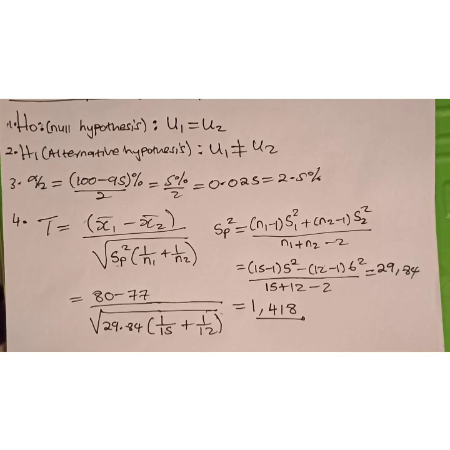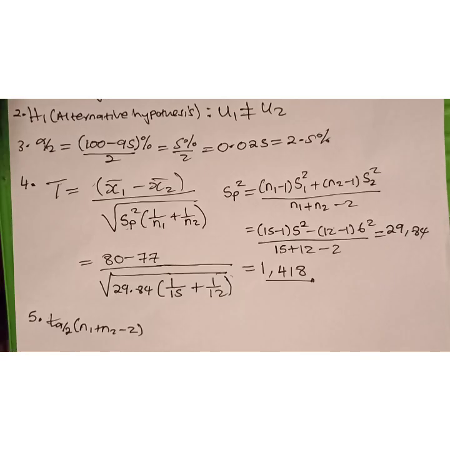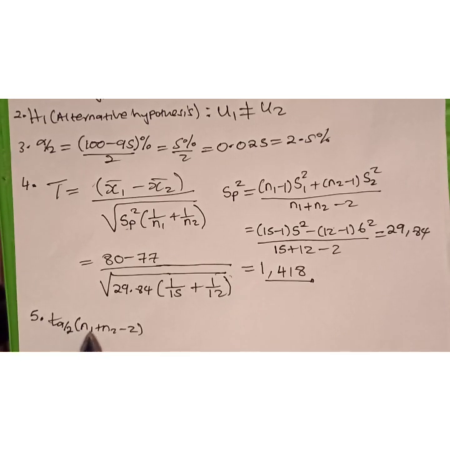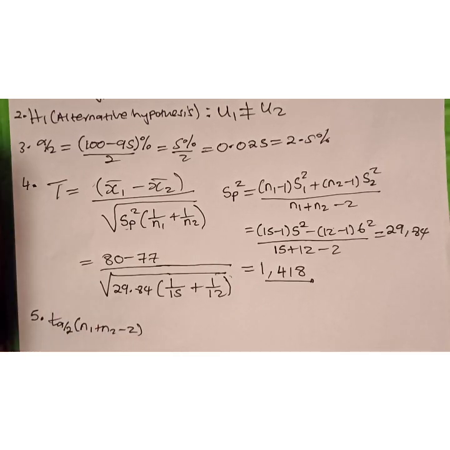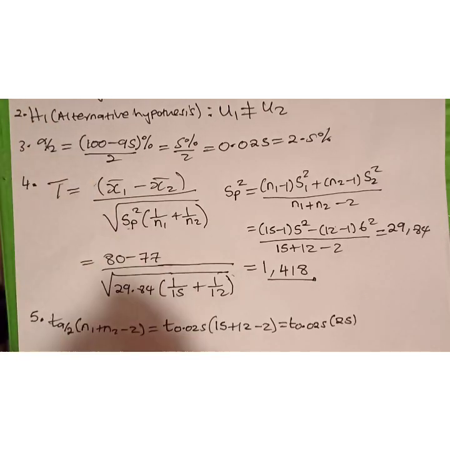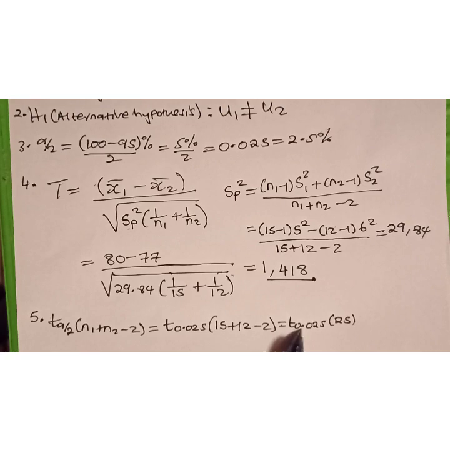Now, step number 5. What's my critical value? t of alpha over 2 with degrees of freedom n1 plus n2 minus 2. I'll have to look for this value from the table: t of 0.025 with degrees of freedom 25.